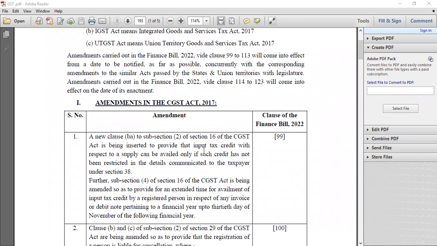First one is the introduction of new clause BA to subsection 2 of section 16 of the CGST Act.